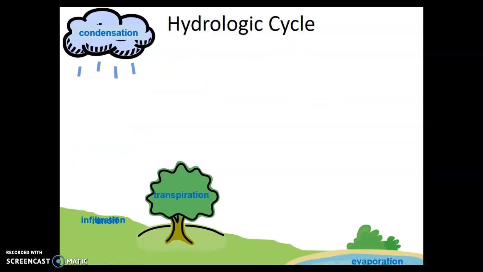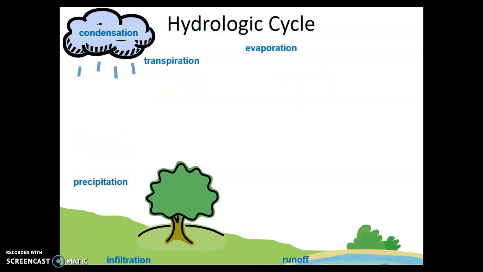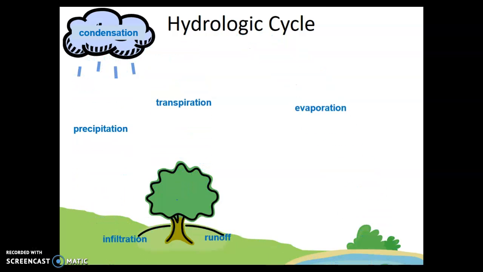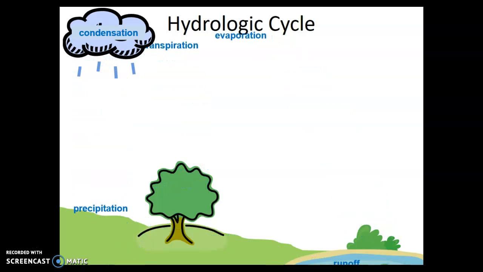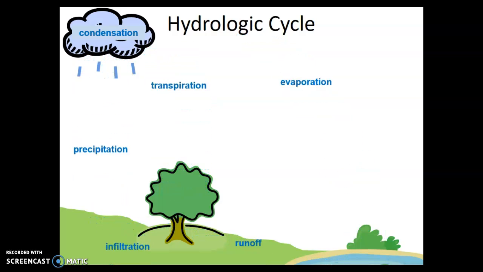And once it comes back in the form of precipitation, there's one of two things it can do. It can either run off into a surface water source, such as a pond, a river, or a lake, or it can infiltrate into the ground and become groundwater.